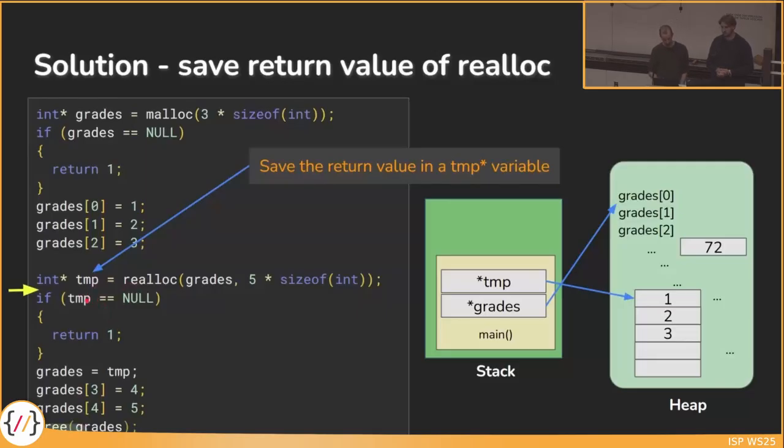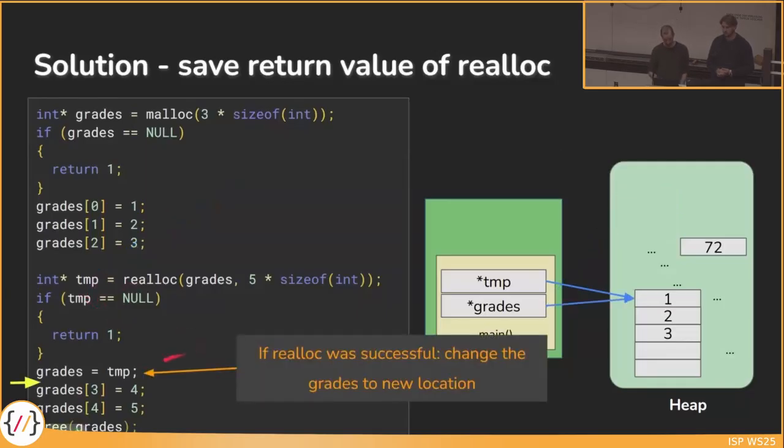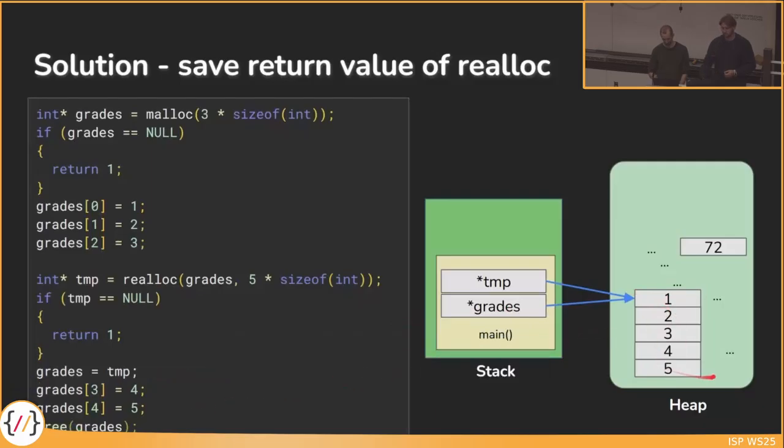And if this works, then I set my grades, so my original pointer, to the value of temp, which means now grades also points to the correct addresses here. And again, I can now write values inside. And then, of course, I can free it if I don't need to use it anymore.